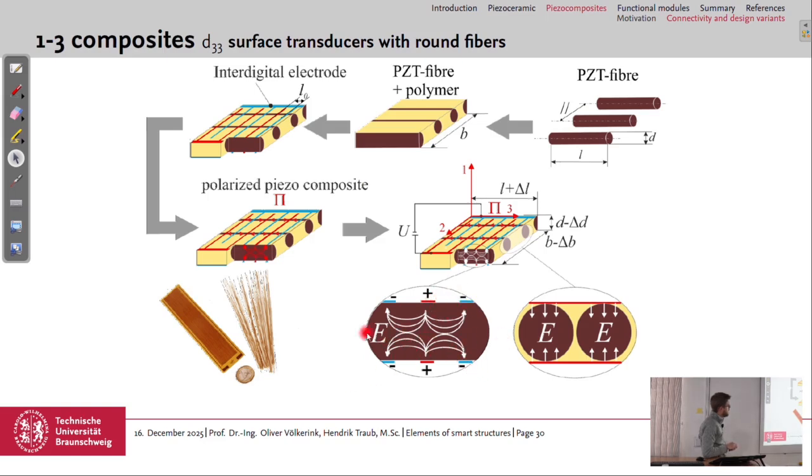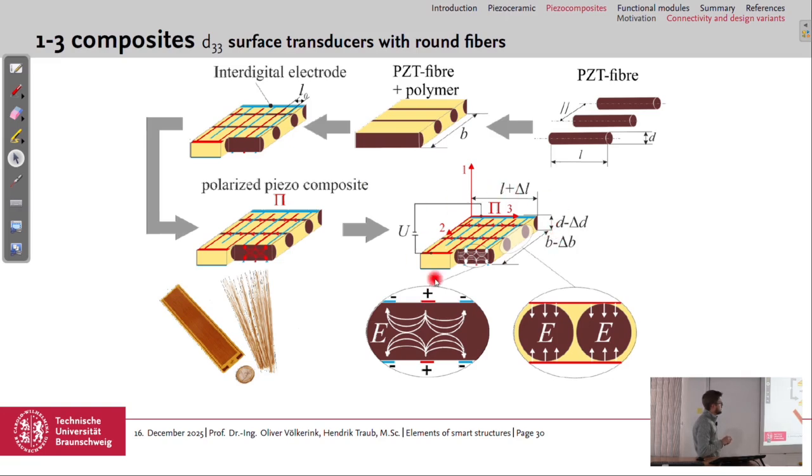So we have a field more or less in this direction in the middle. If we look from this side, with only the positive electrode, the electric field goes from top to bottom across the cross section of the fiber.